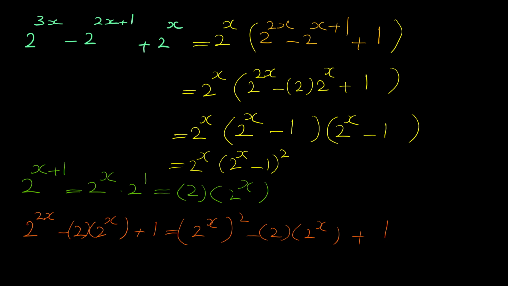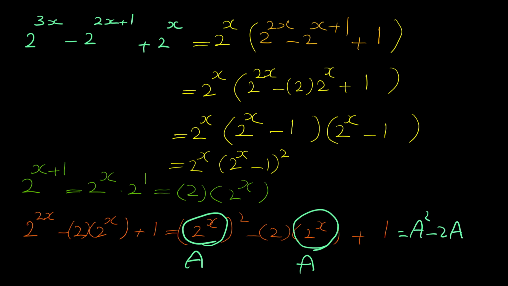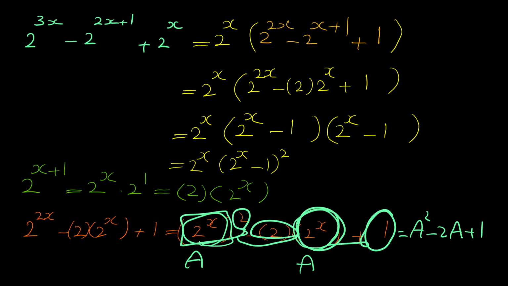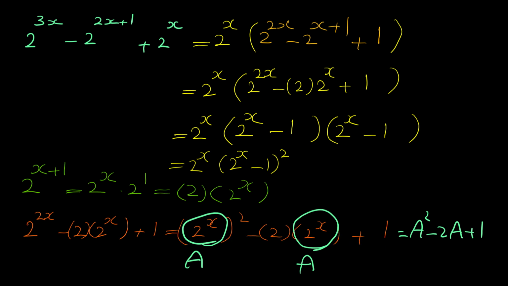Here we can name this a, so we have a to the 2 minus 2a plus 1. This simple trinomial at the end can be written as a minus 1 times a minus 1. But what is a? a is 2 to the x. So this is 2 to the x minus 1 times 2 to the x minus 1.